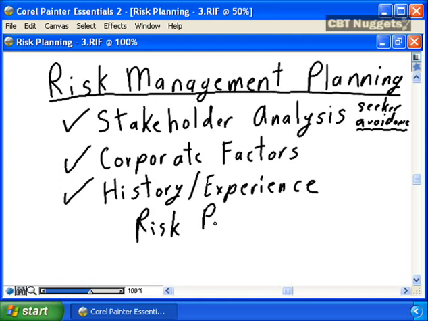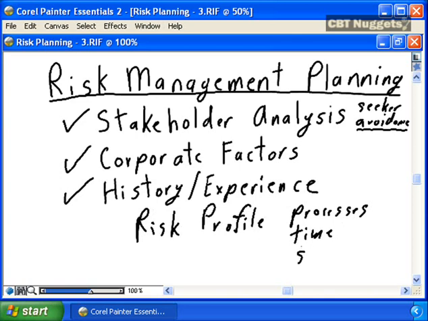Once you determine the risk profile, is your project going to be a risk-seeking project, i.e. willing to take risks to achieve goals, or is your project going to be risk avoidance? You can then build the appropriate processes. You can build the appropriate time.